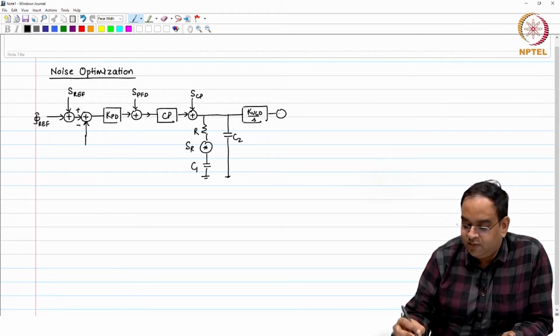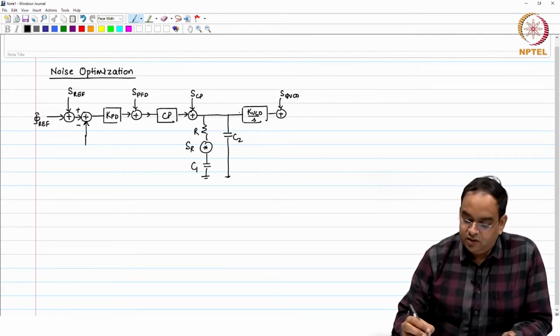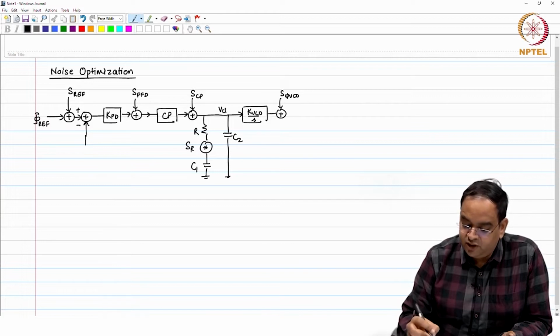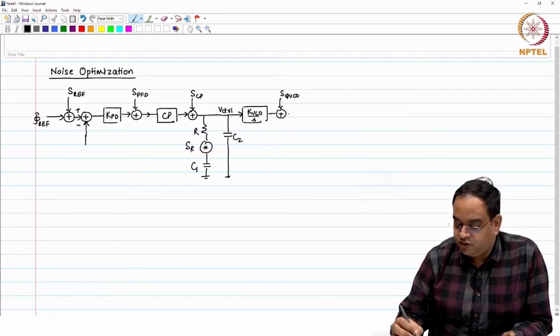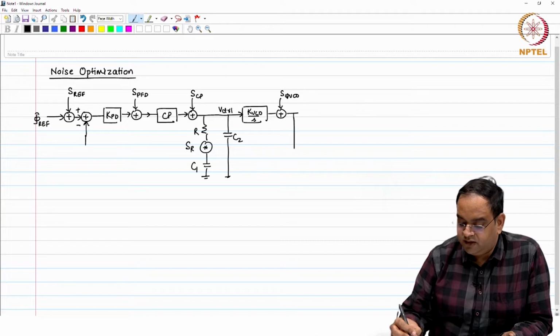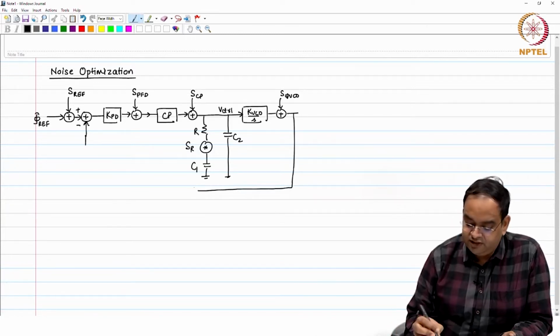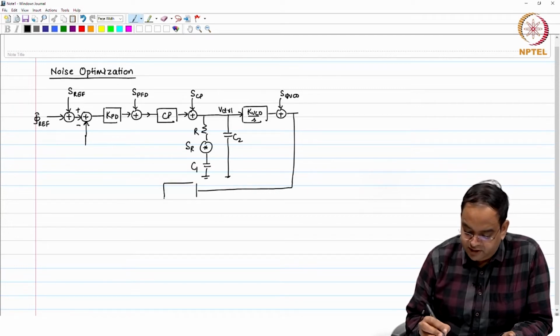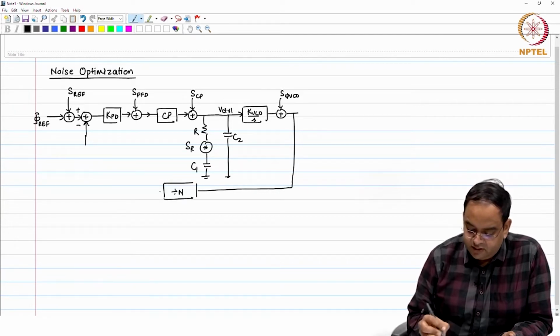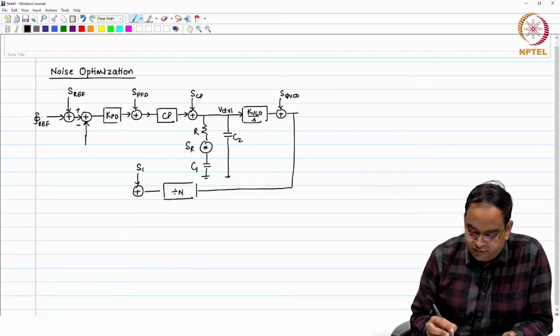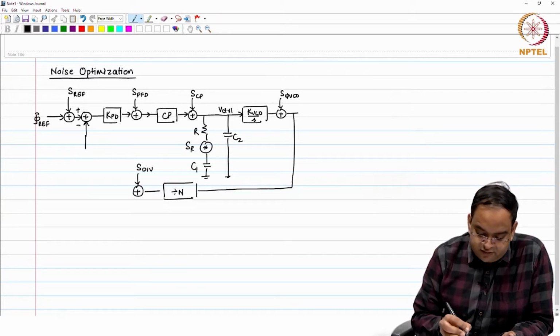The noise added by the VCO is in terms of phase, which is phi VCO, and this is the V control voltage node. You feed this signal back to the frequency divider. You have the divide by N here, you add the noise at the output of the divider in terms of phase, and this feeds back.